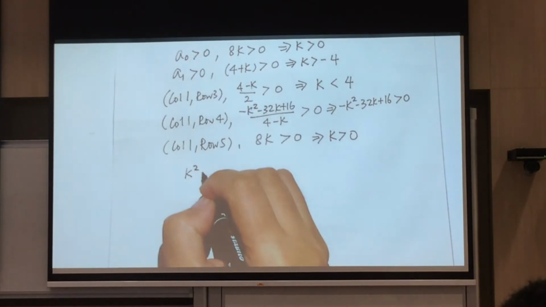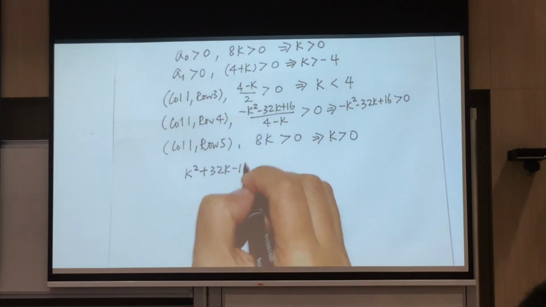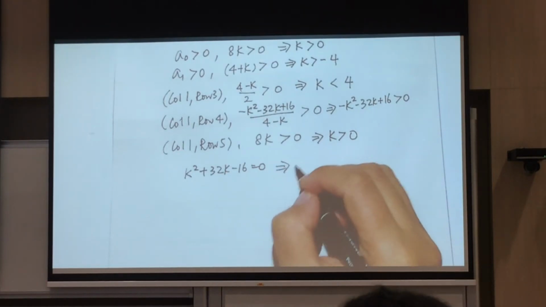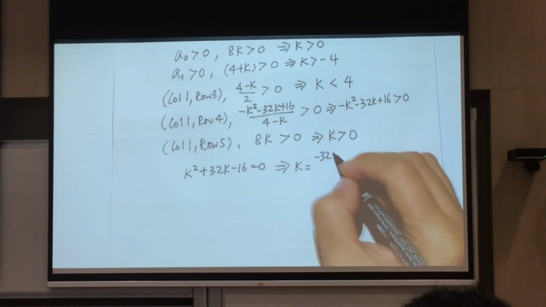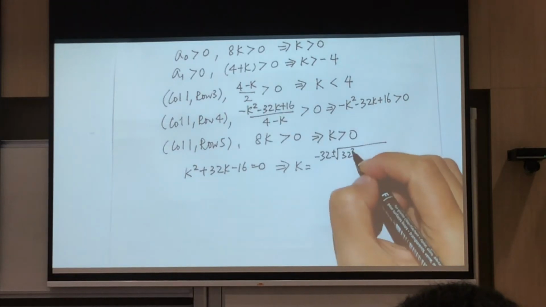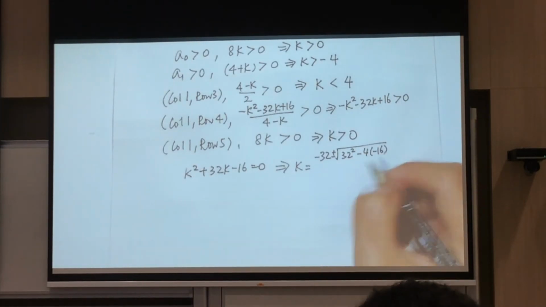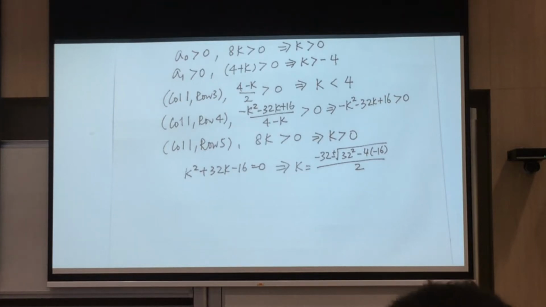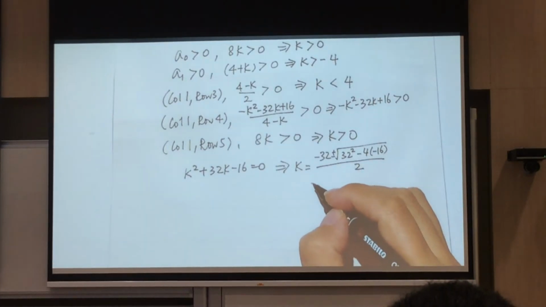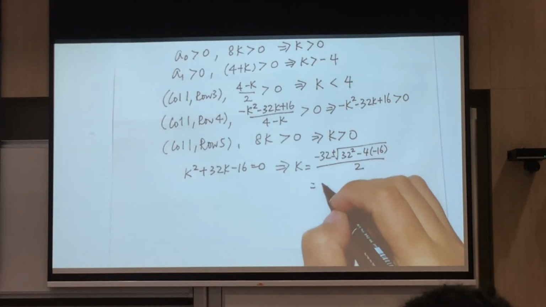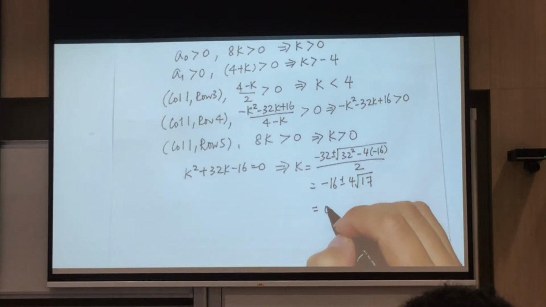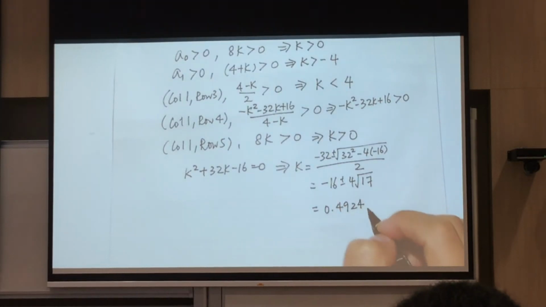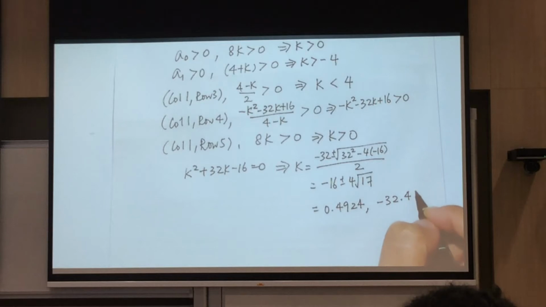We have k squared plus 2k minus 16 equals 0. This gives you minus 32 plus minus square root b squared minus 4ac, over 8, which is minus 16 plus minus 4 square root 17. Okay, it is confusing.